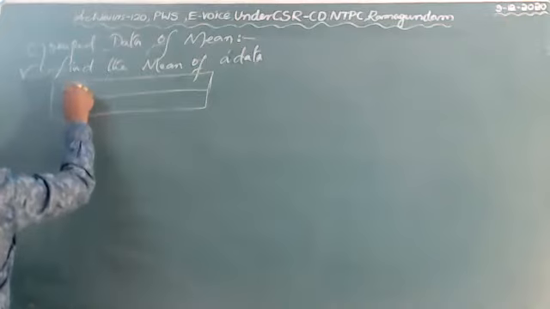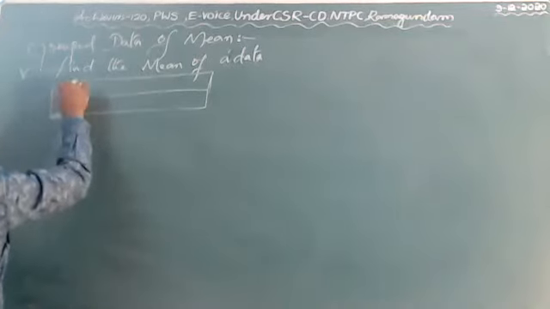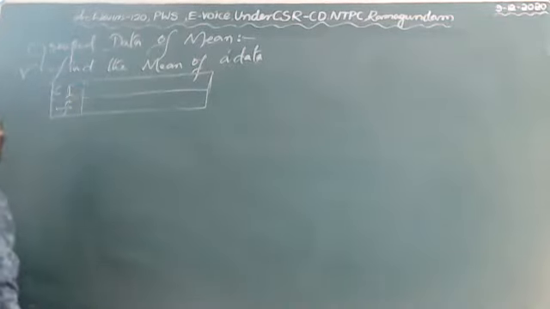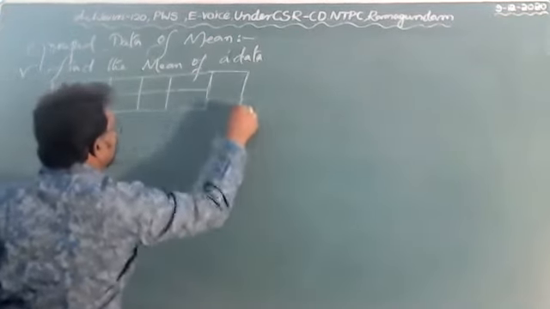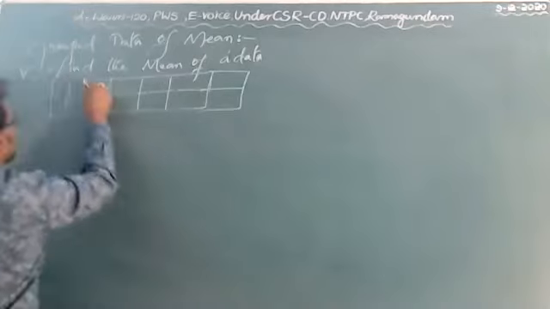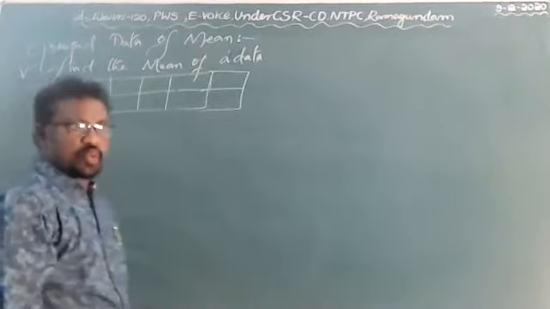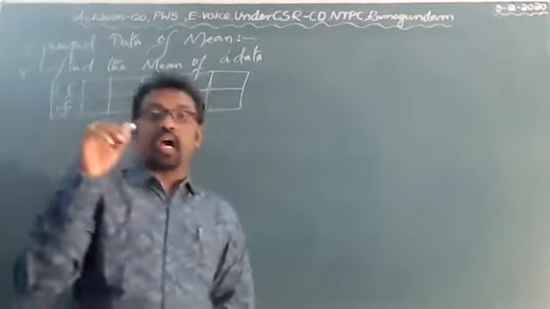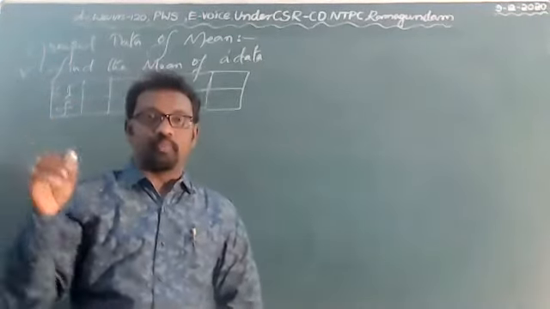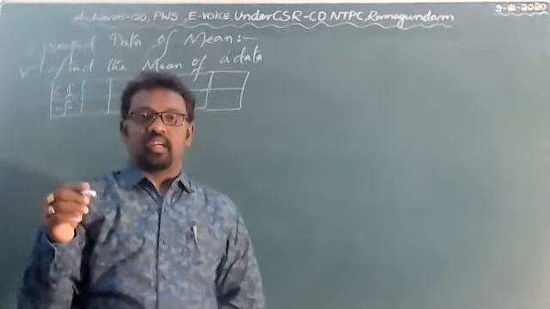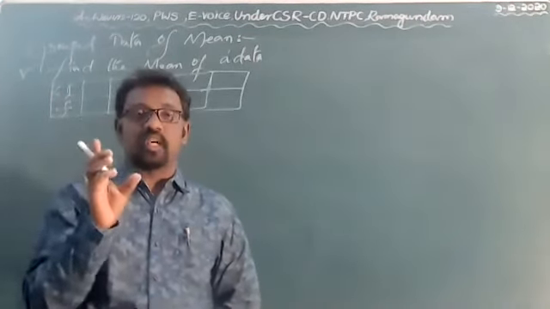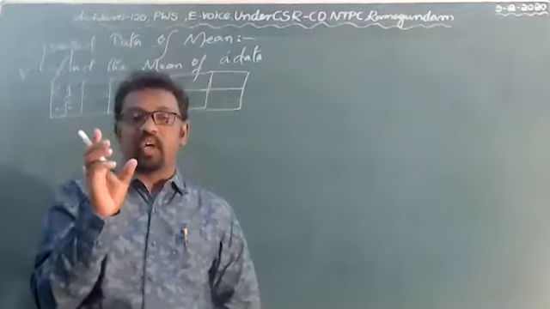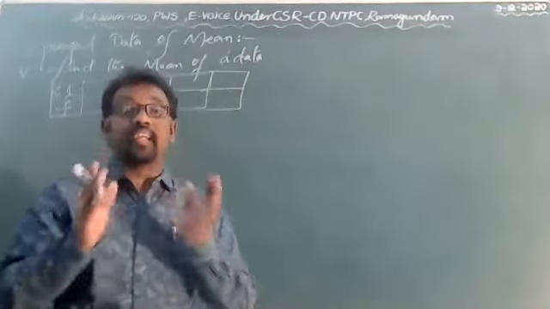Class interval, otherwise CI, you write. F is nothing but frequency. Ungrouped data has only observations, but grouped data is data within some numbers, some period, some category.